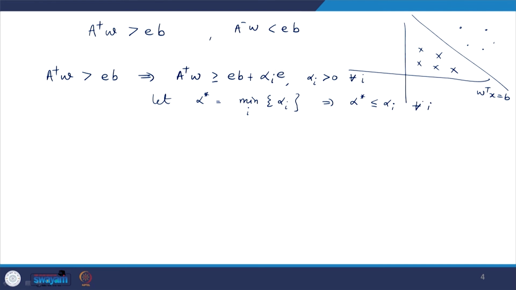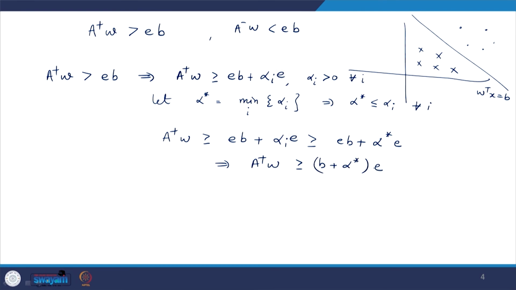So A plus W will be greater than or equal to E b plus alpha i, which will again be greater than or equal to E b plus alpha star times E, because alpha i is greater than or equal to alpha star for all i. So this implies A plus W is greater than or equal to b plus alpha star times E. This is, suppose, 1.